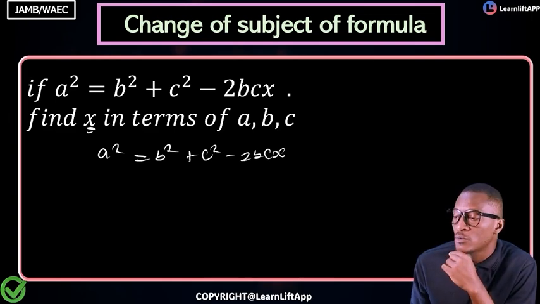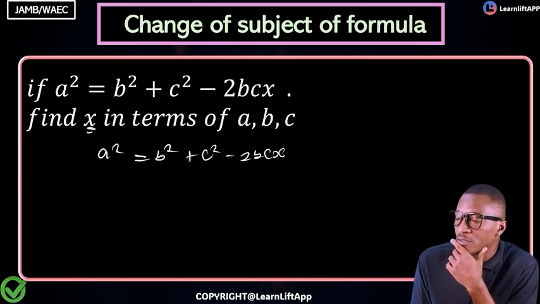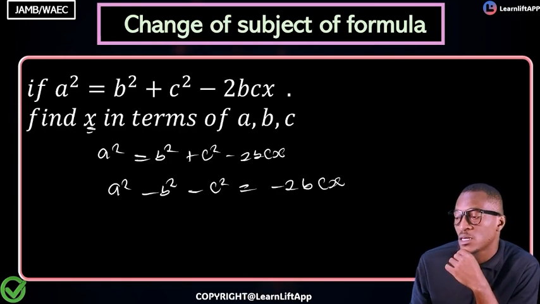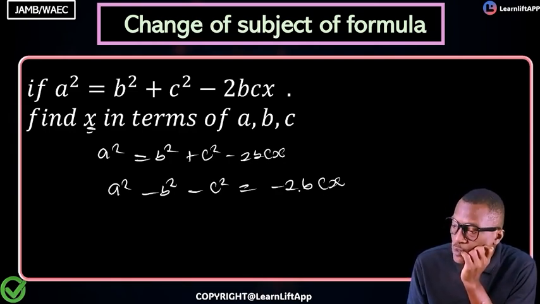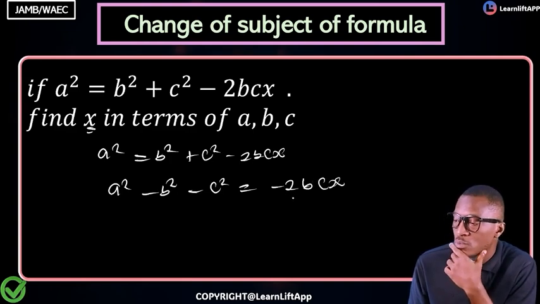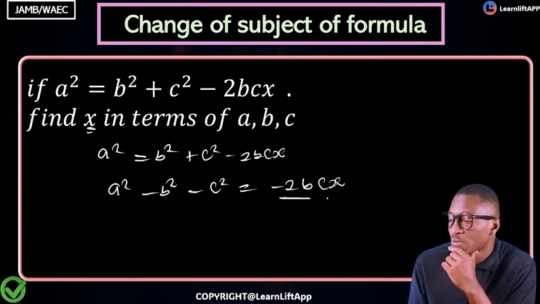So now move everything this way. This is the same thing as a squared minus b squared, because we moved b squared so it becomes minus, and c squared becomes minus c squared, is equal to minus 2bcx. So what are we going to do? We're going to divide all through by minus 2bc.